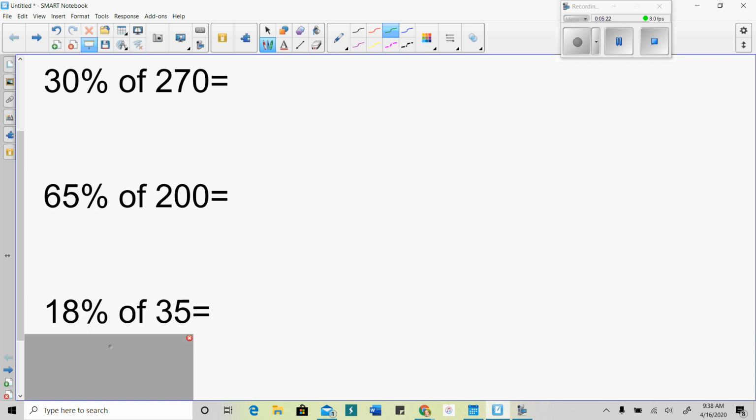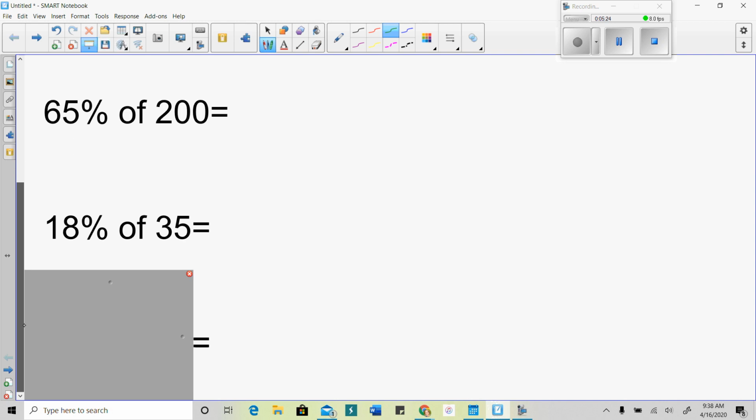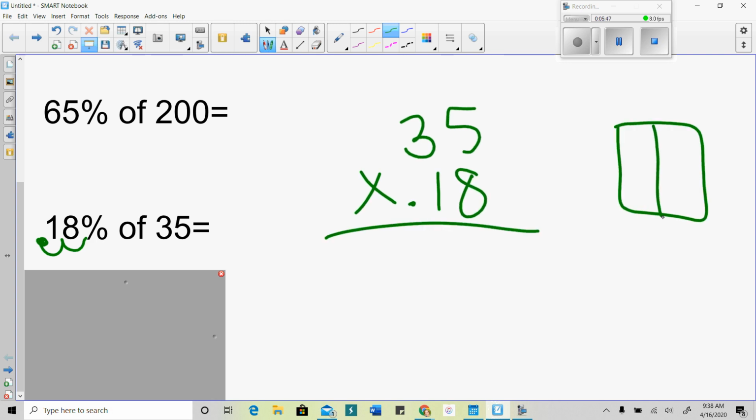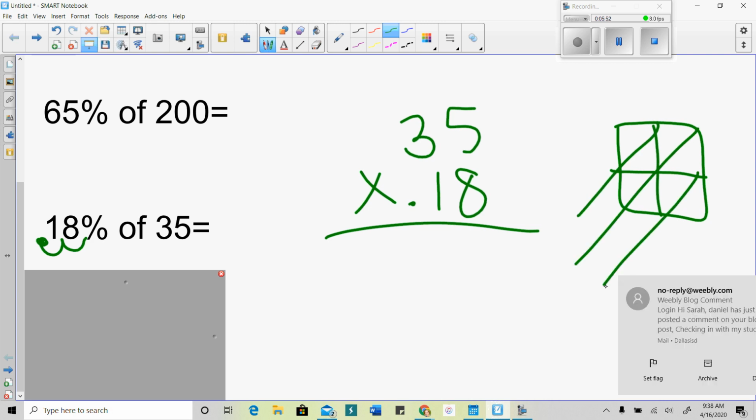Okay, going on to the next one here. 18% of 35. So once again, make the 18% into a decimal by moving the decimal back 2 places, because it would have been at the end. So it's 0.18. So we're going to do 35 times 0.18. And if you are someone who does better with lattice, please just draw a lattice. Won't take you that long. Took me about 2 seconds there.